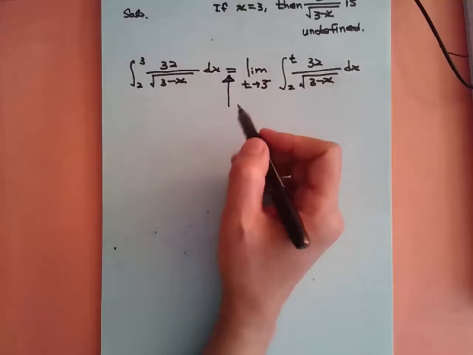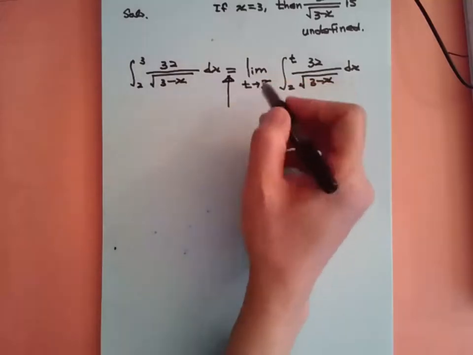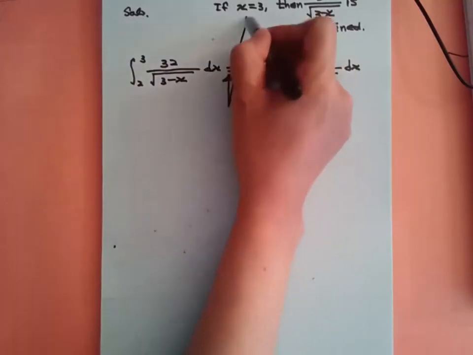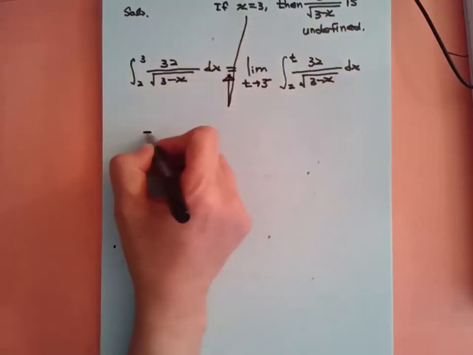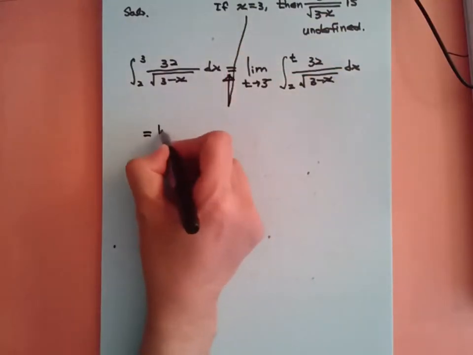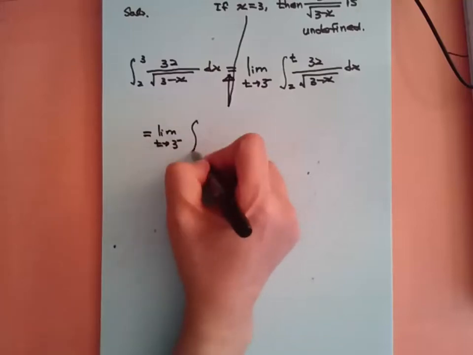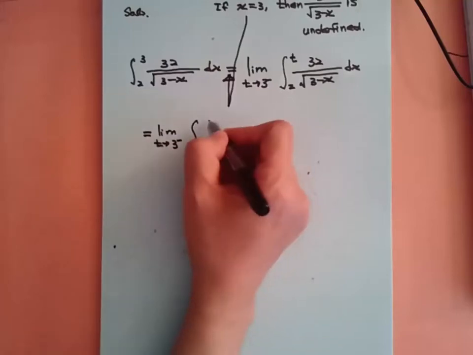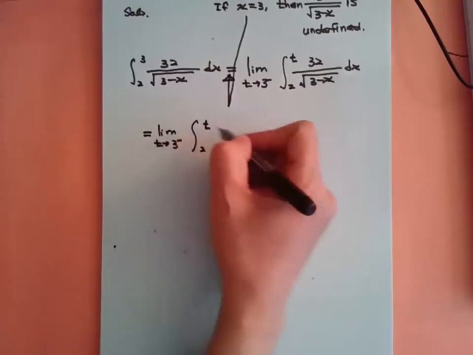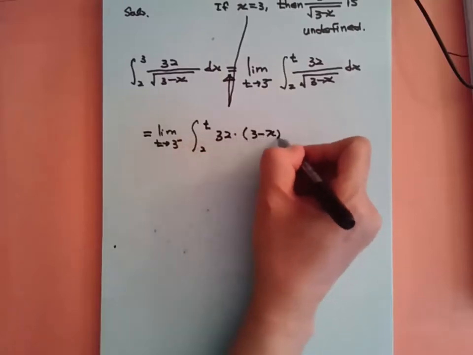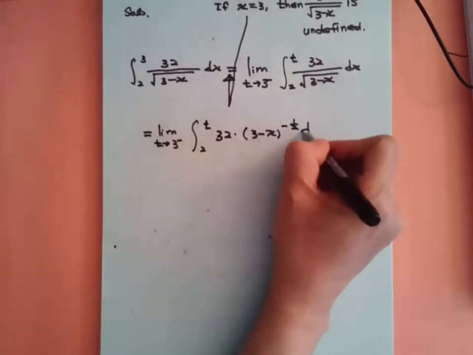So just this part came from this observation, right? And then limit t goes to 3 minus, integration from 2 to t of 32 times 3 minus x to the minus 1 over 2 dx.